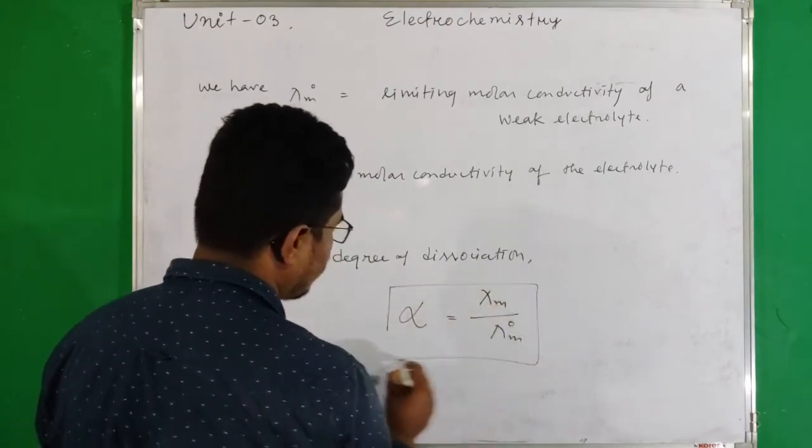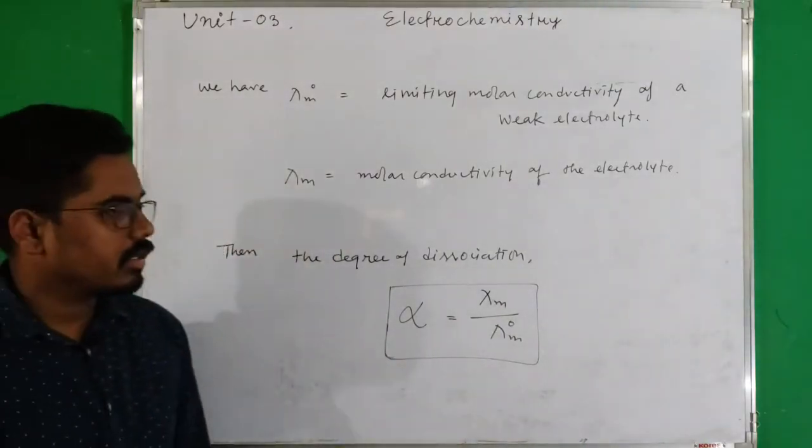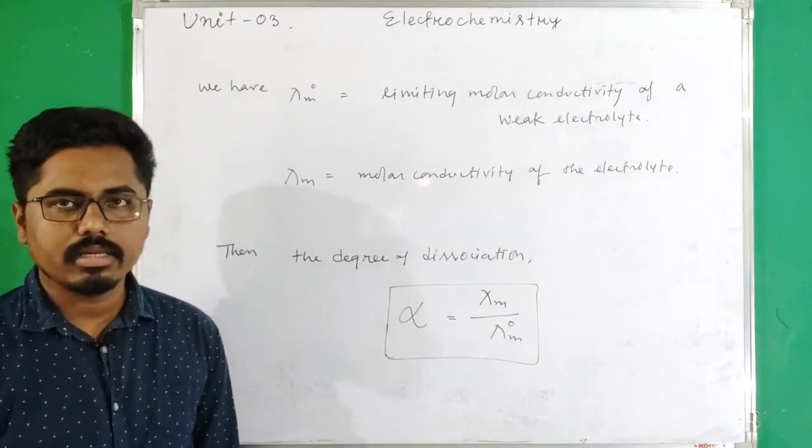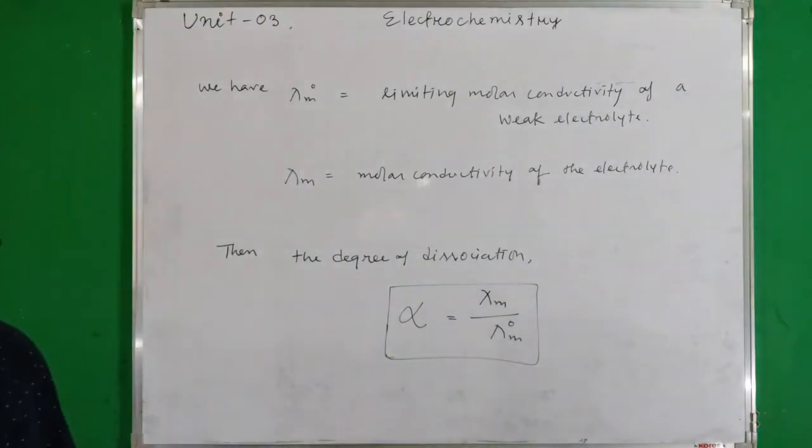That means when we determine the ratio between molar conductivity and limiting molar conductivity, that ratio will give the degree of dissociation alpha of the weak electrolyte.